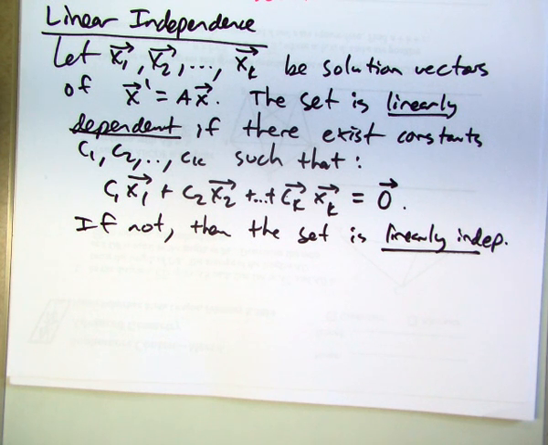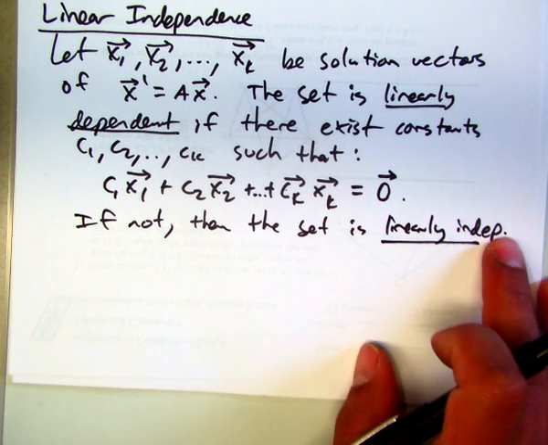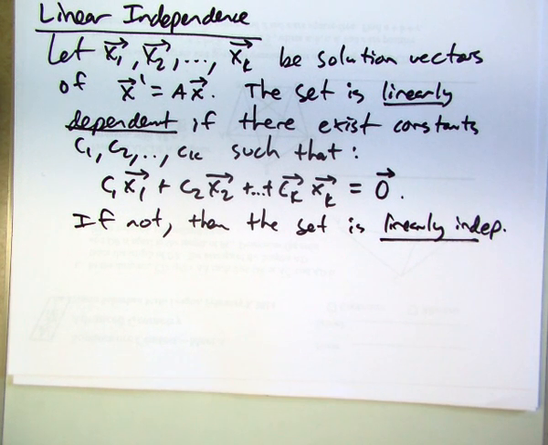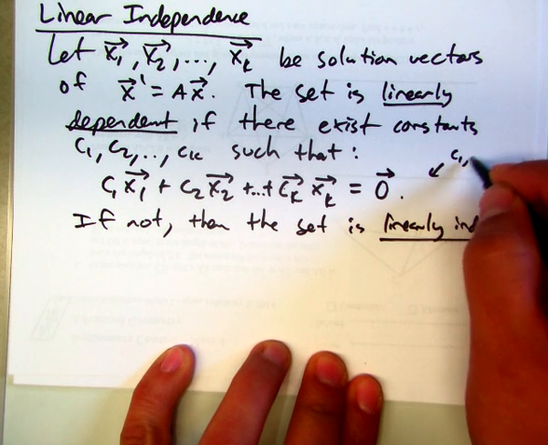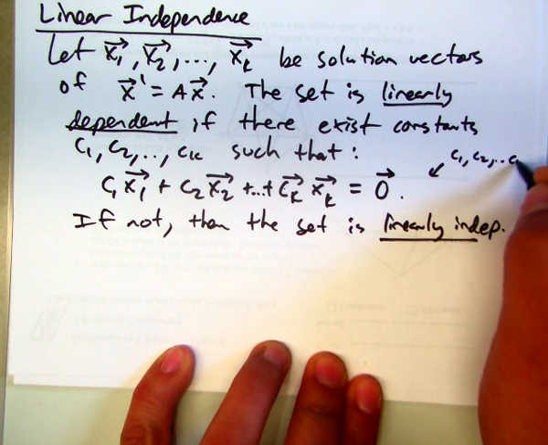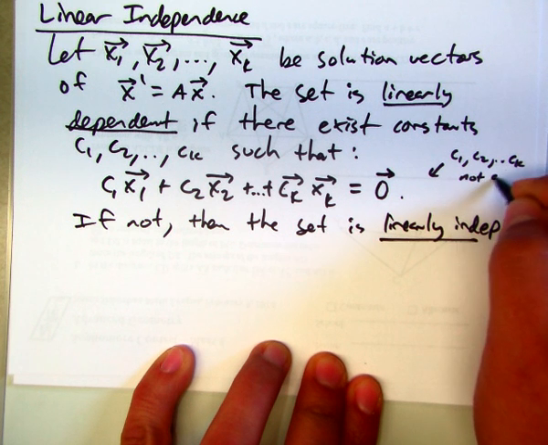So the same kind of principles from before are going to be the same. If you have two solution vectors and they're multiples of each other, then obviously they're going to be linearly dependent. Okay? If you have more than two solution vectors, I should probably go back and say c1, c2, c sub k, not all 0.